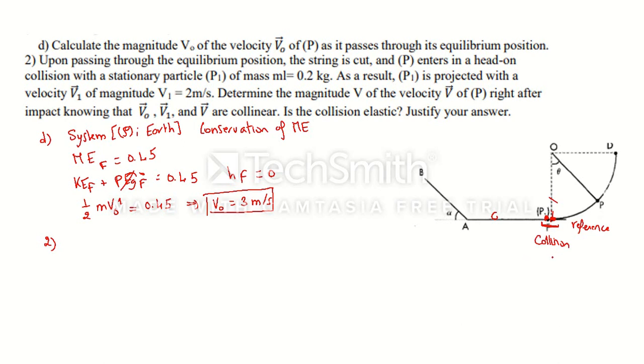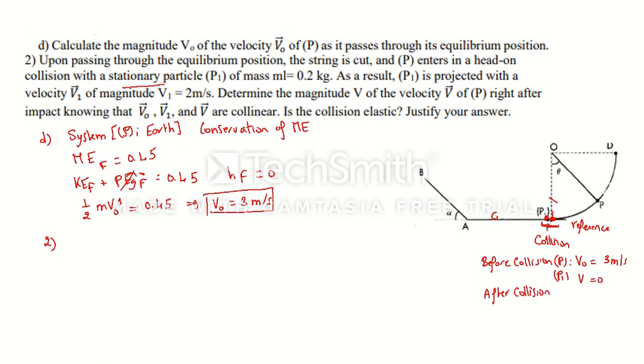Before the collision, let's write the conditions. Before the collision, P had a speed V0 equal to 3 meters per second, while P1 had a speed equal to 0 since it is a stationary particle. Okay, so this is for the first particle.